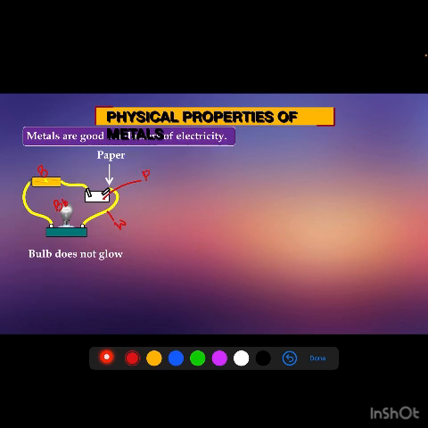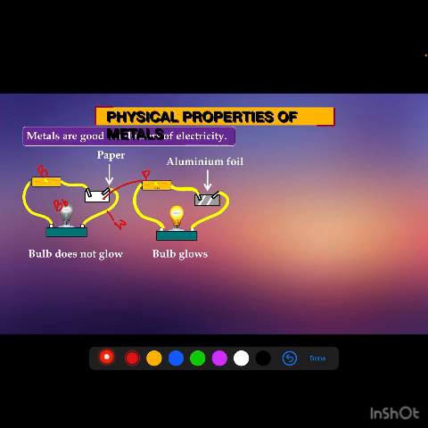In this case, you can see the bulb does not glow. Let us consider another case, with the same setup, but instead of paper we have used an aluminum foil. At this time you can see clearly in the picture the bulb glows.